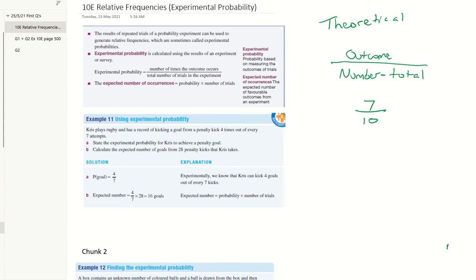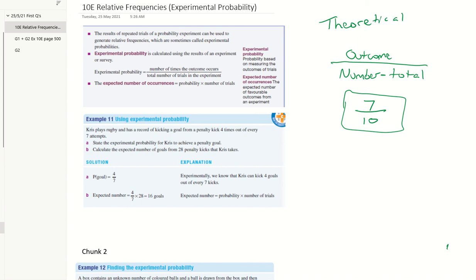The other thing is, once we have worked out what our experimental probability is, so for instance, if we tossed a coin and got 7 out of 10 heads, that's our experimental probability. We're going to assume, even though we know it's wrong, that our experiment says that every time we toss a coin, we've got a 7 out of 10 chance of getting a head.